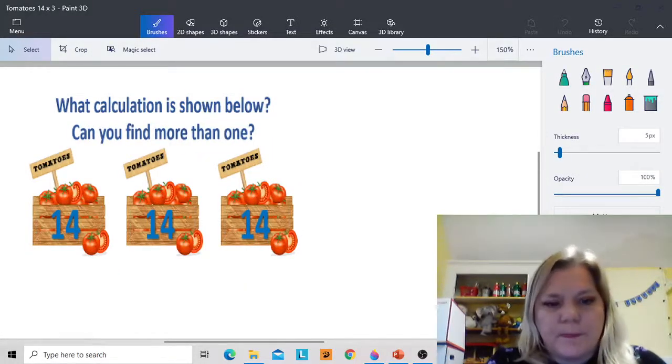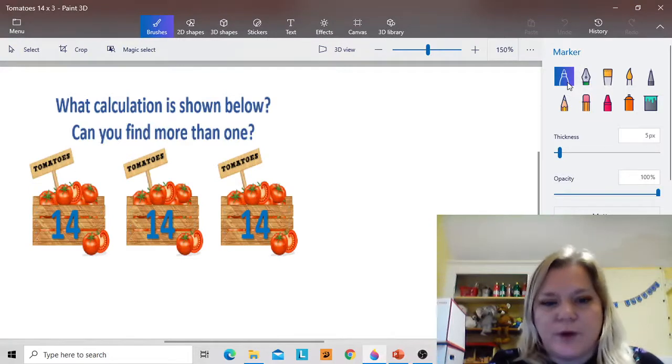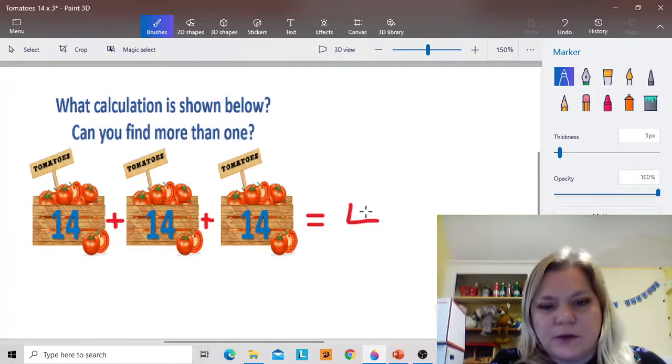So with your 3 boxes of tomatoes, you could have represented that calculation in 2 different ways. So a simple way would be to do a repeated addition. So it would be 14 add 14 add 14, and the answer would be 42.